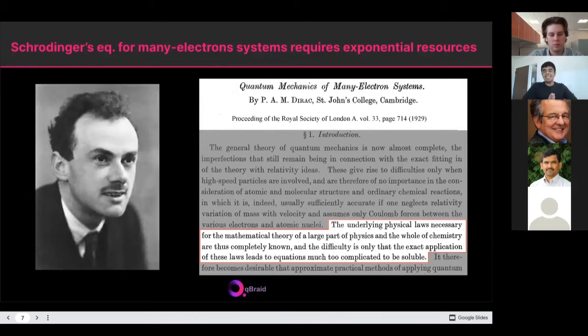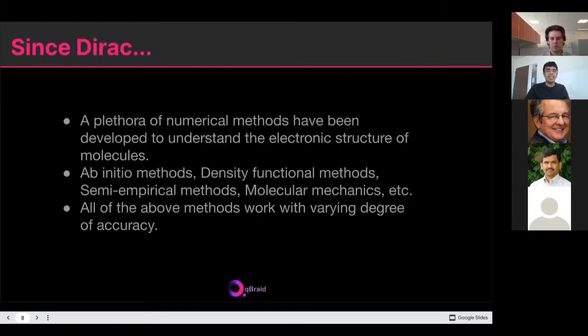And since then, what people have been trying to do over the last 70 or 80 years now is, with the advent of computers as well, they started developing a plethora of numerical methods which are aimed at understanding the electronic structure of molecules, right?